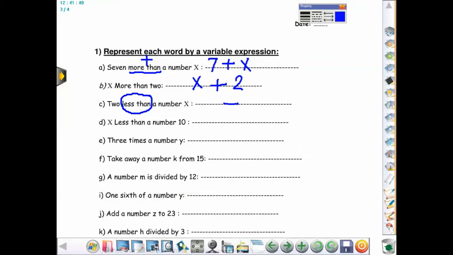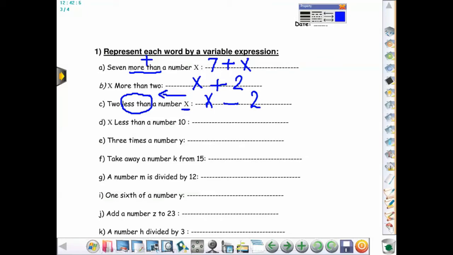If you find the word which refers to subtraction operation, we have to go from backward to forward. What is the meaning of that? The first word I write is x minus 2, which means 2 less than x.